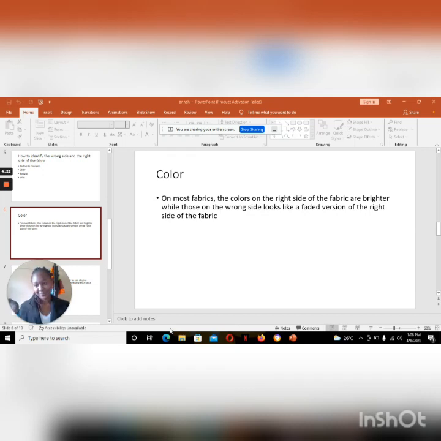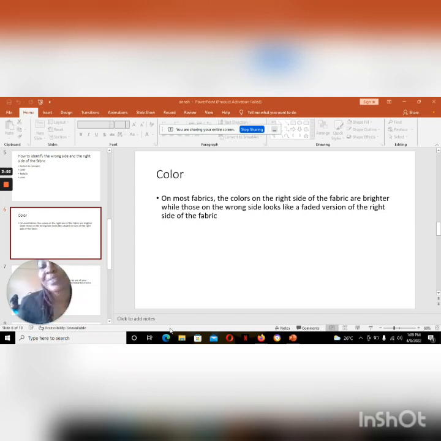On color, it means that on a fabric, the right side is brighter than the wrong side. Yeah, true. Any addition, Alex, on color? No idea.